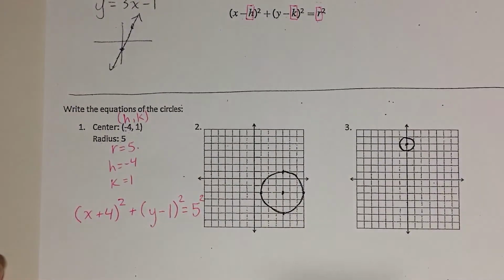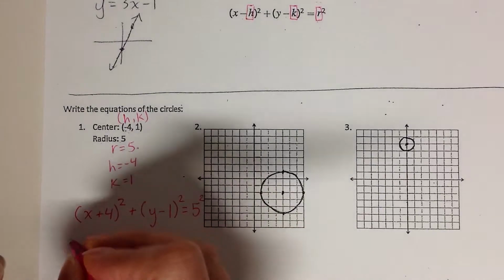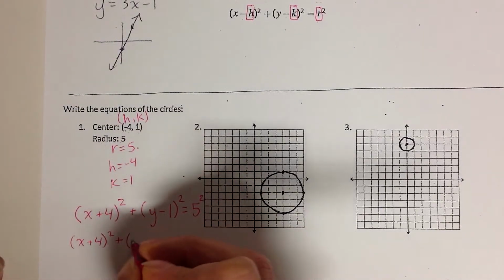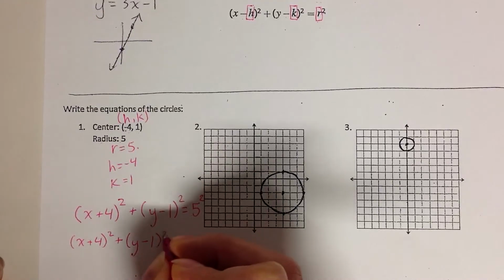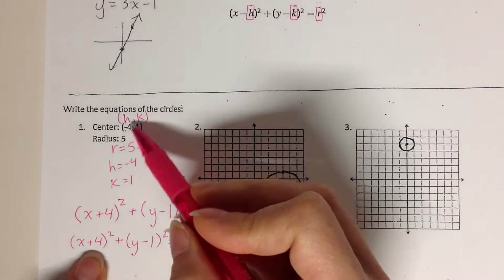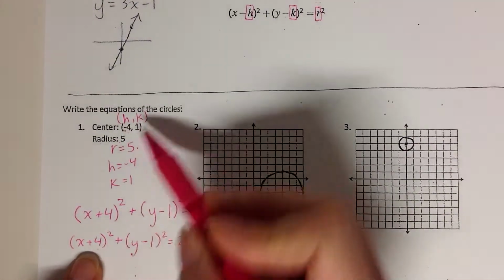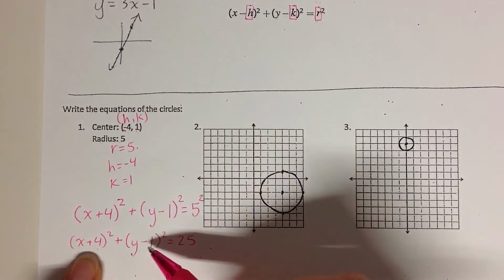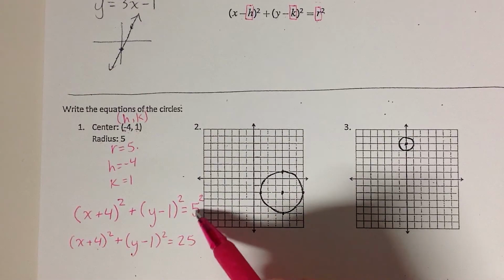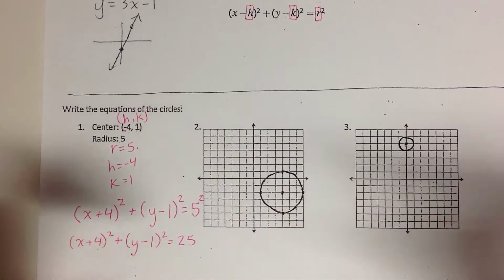Sometimes on standardized tests they'll leave it like that, 5 squared, but other times you'll see it like this, 25. So again, all the numbers I'm going to see right here, negative change to positive, positive change to negative. Okay, x goes with x, y goes with y. This becomes the square of the radius.